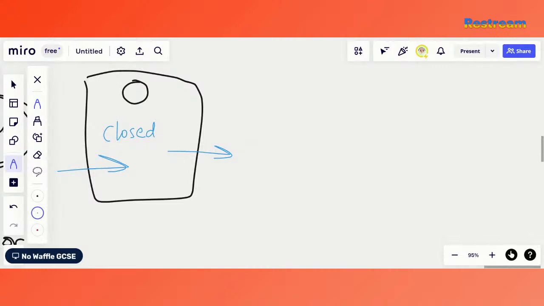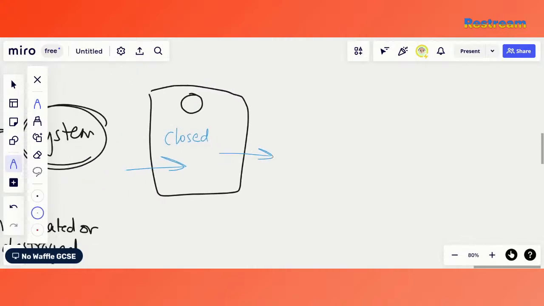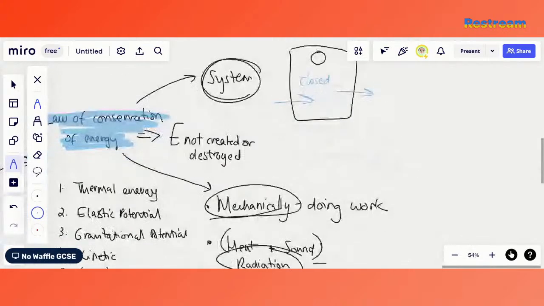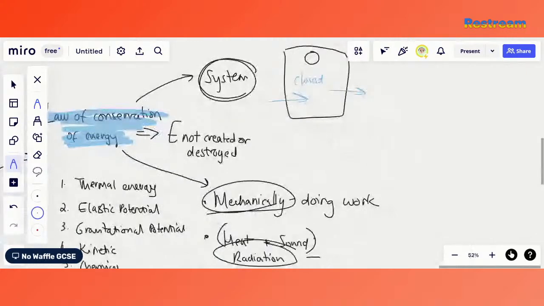But if there's no air, then that's not possible. So that's an example of mechanical. So when we're looking at mechanical energy transfers, they tend to talk about systems. When they're talking about radiation, then they tend to be talking about when you're boiling a kettle and how water moves up and how temperature increases and things like that.